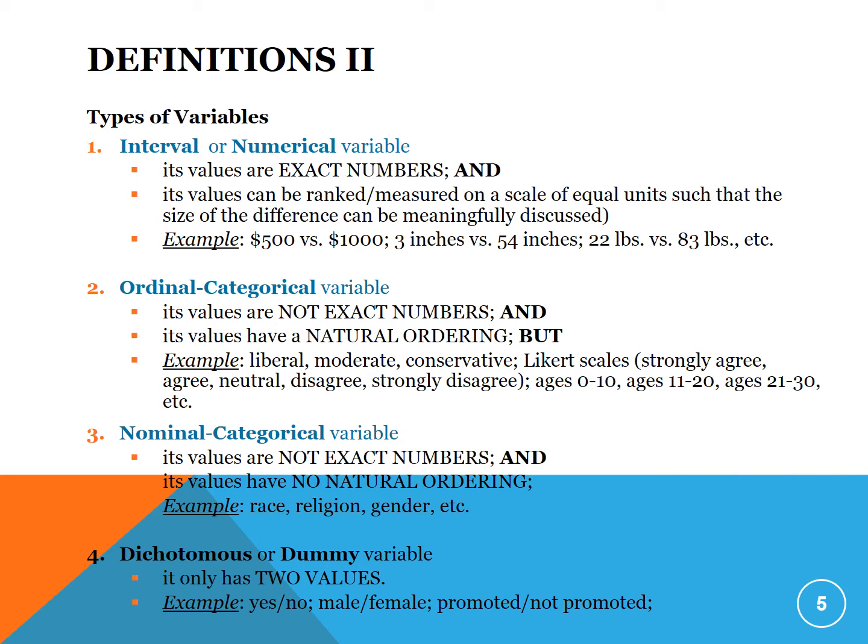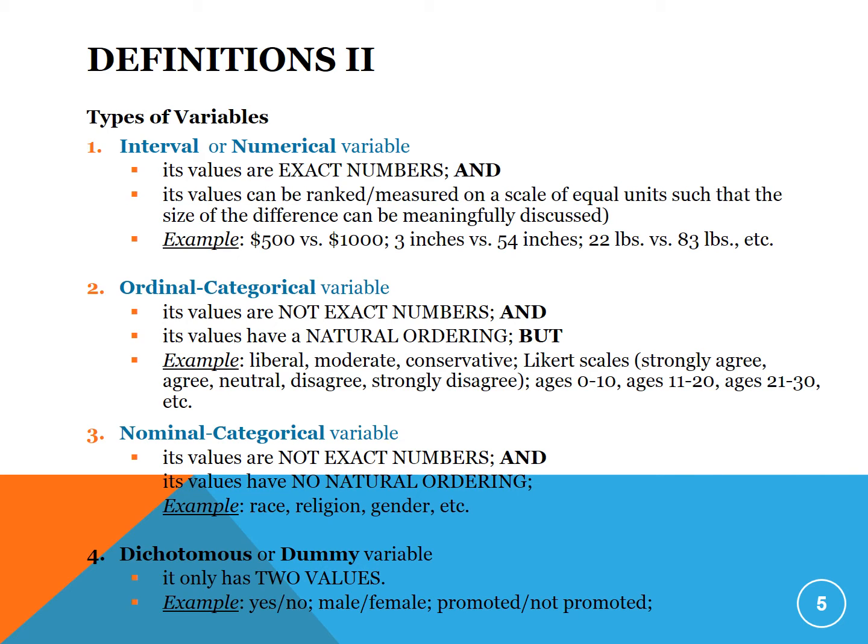This variable, type 4 variable, is the only one that if you select something and say it's a dummy variable, you have to also understand which other type of variable it is. So the male, female, right, that would be a nominal variable because we've already talked about it before. We said that there's no order about it. So not only is it a dummy variable or a dichotomous variable, but it's also a nominal variable. There's no order about it.